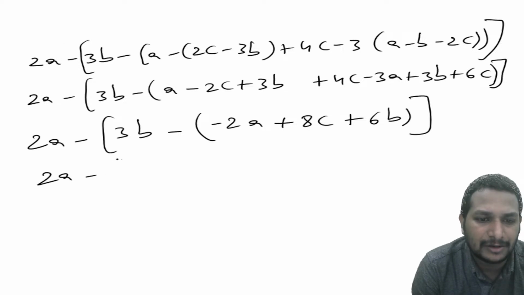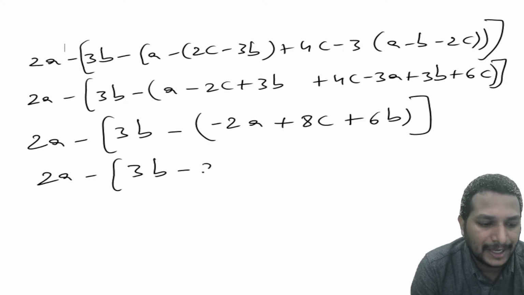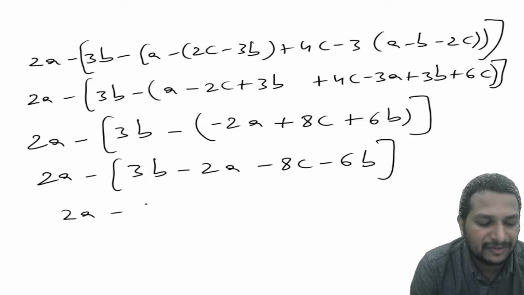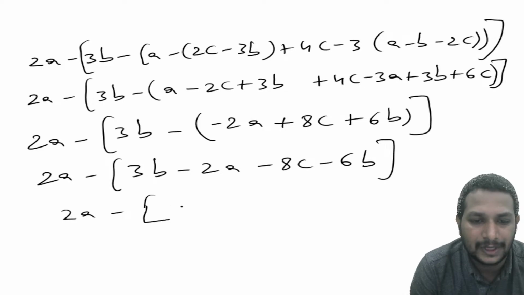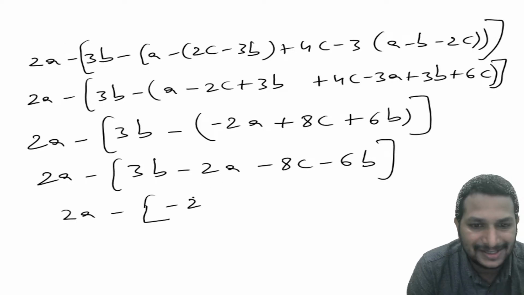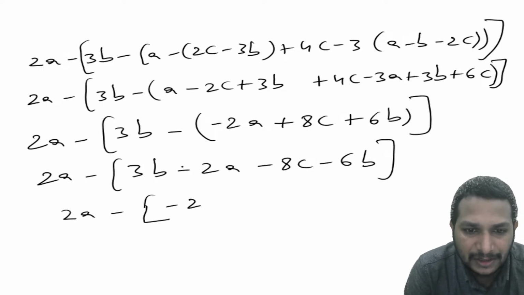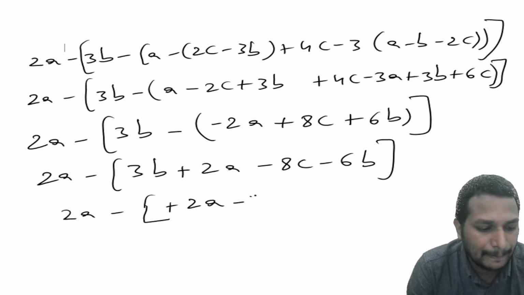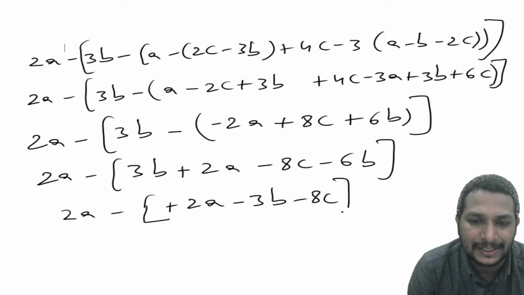Now remove the brackets again: minus 2a minus of minus 8c minus 6b. Again simplify the like terms: minus 2a plus 2a, 3b minus 6b minus 3b, minus 8c.